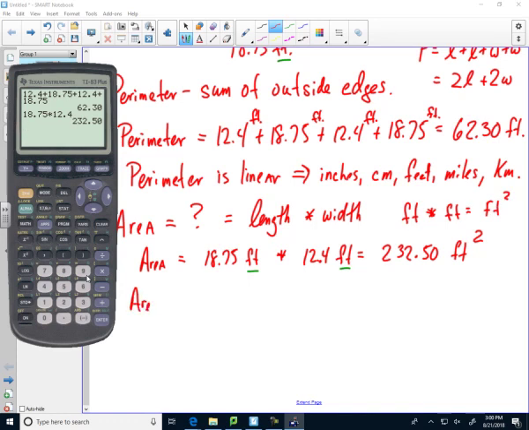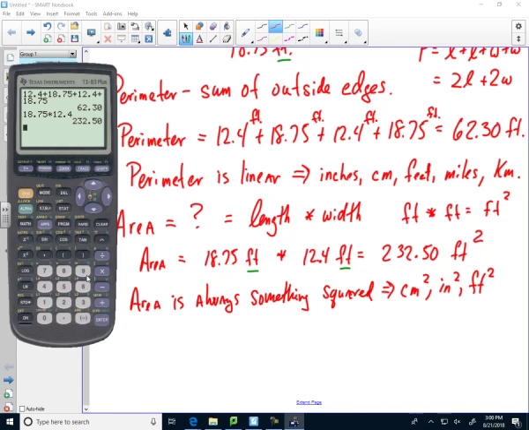Area is always something squared. Always. So it could be centimeters squared, could be inches squared, could be feet squared, could be miles squared. Area is always squared. Always. Okay?